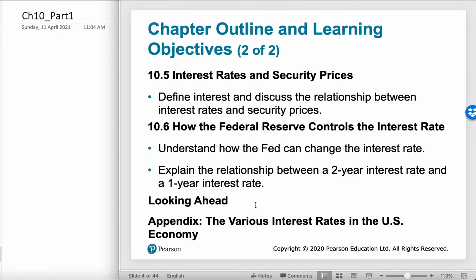Some of the discussions are in the context of the United States. Again, we're going to skip those things, and we remain focused on the conceptual aspects of money and banking in this chapter.